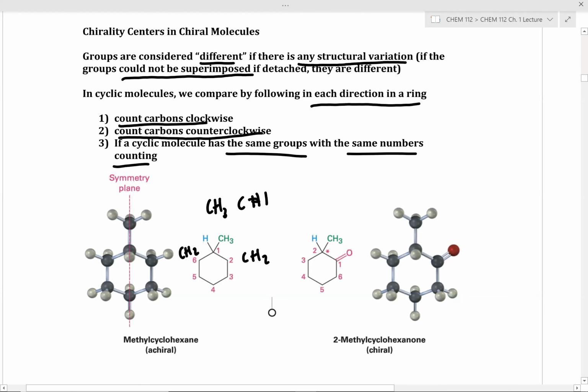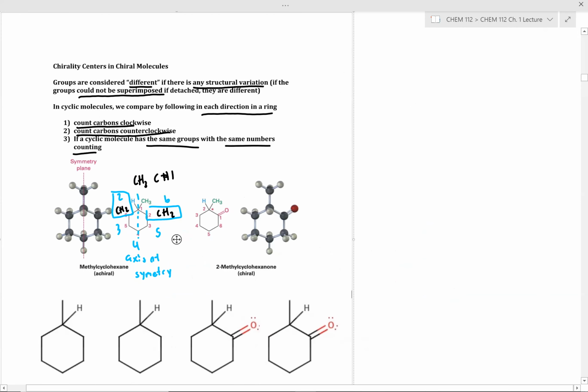So 1, 2, 3, 4, 5, 6. So as we notice, if we compare and we look at carbon 2 in both of our counting methods, our substituents are identical. And as a result, we can clearly see that we have an axis of symmetry. And as a result, this methyl cyclohexane molecule is achiral.